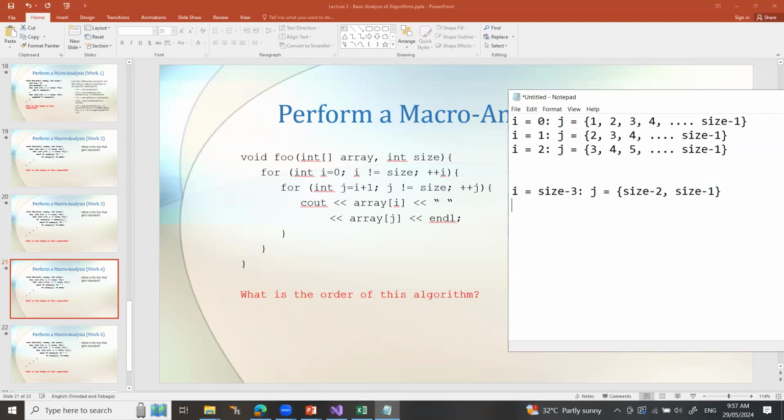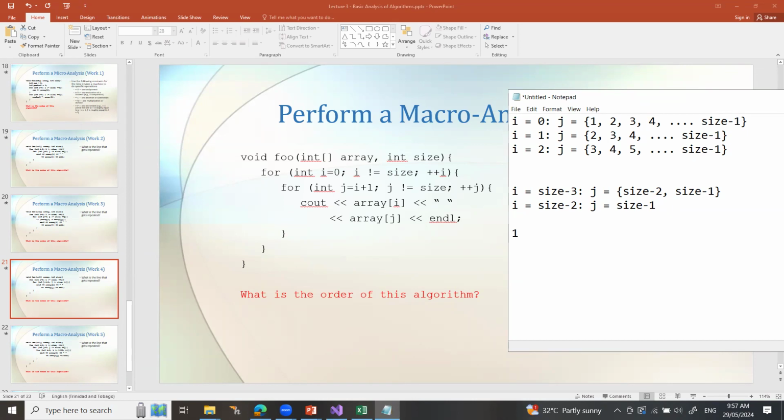All right, so last one then. When i is equal to size minus 2, what values of j are there? Size minus 1. J is equal to size minus 1, just one item. Okay, so how many times did the cout run for this iteration of i?